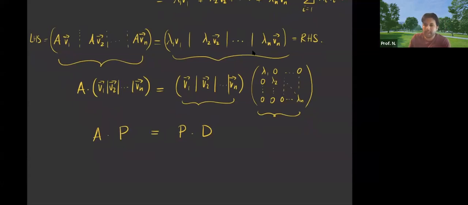But this is where the diagonalizability comes from. Because P is the matrix whose columns are the eigenvectors, which are linearly independent, if you have a full set of linearly independent columns, then you have an invertible matrix. That's what it means to be invertible. So P is invertible by nature.